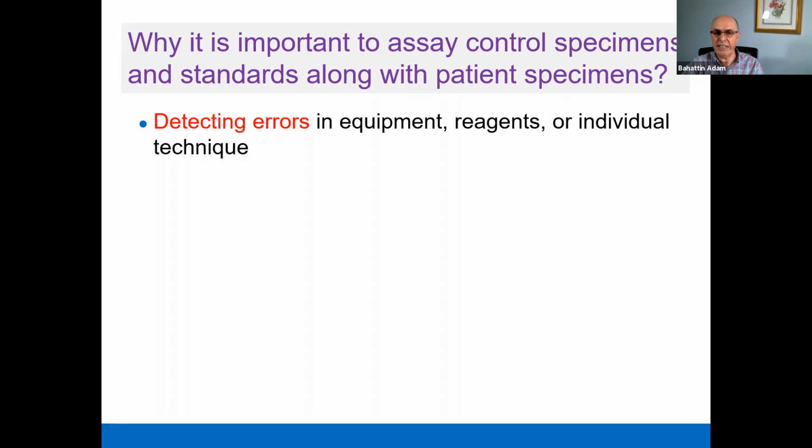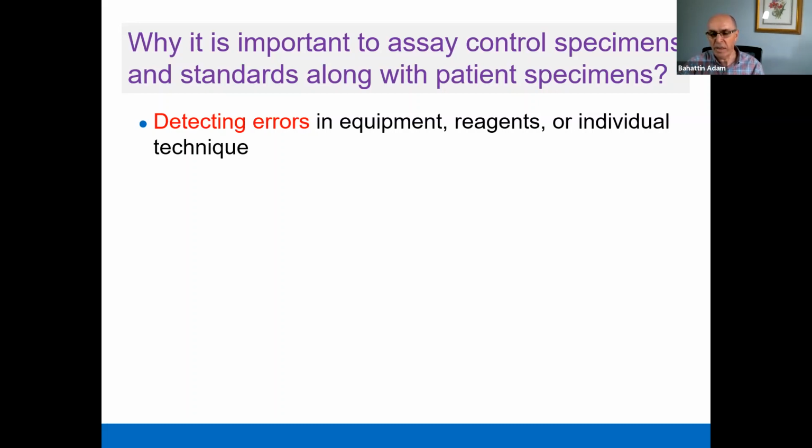The first one, detecting errors in equipment, reagents, or individual techniques. Okay, there are many sources of errors. It can be from your equipment, your instruments, or the reagents that you are using to measure the patient sample, or individual techniques.